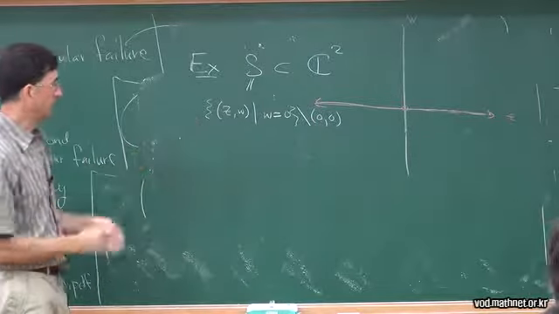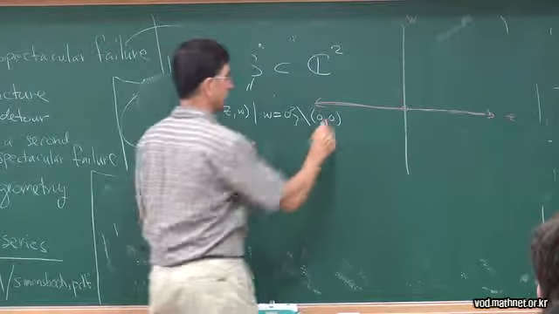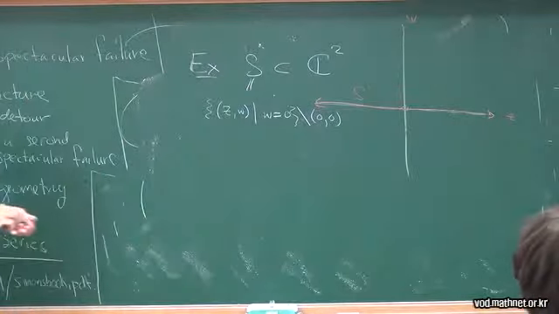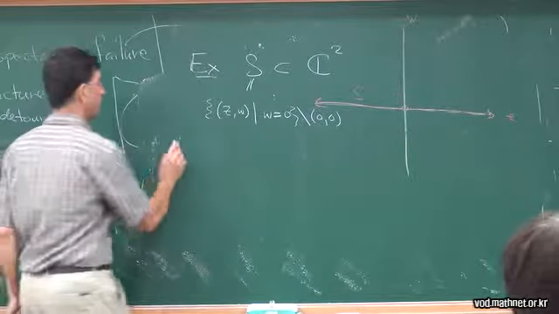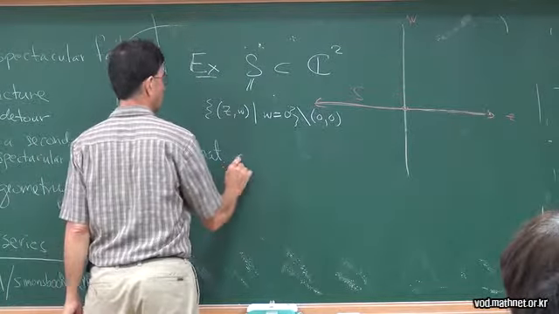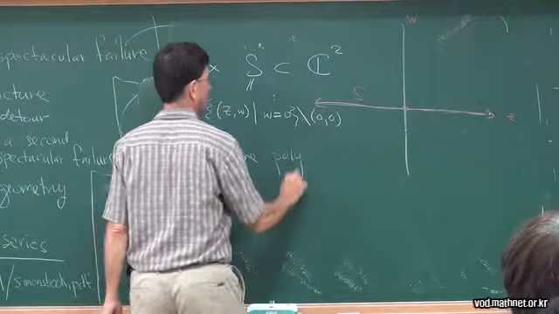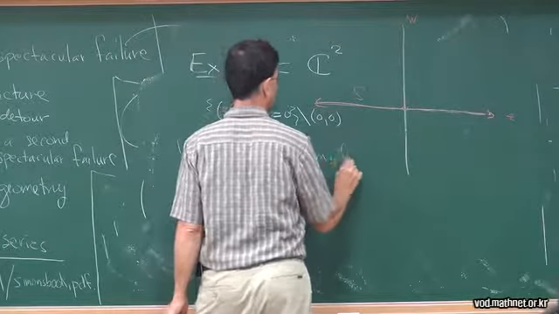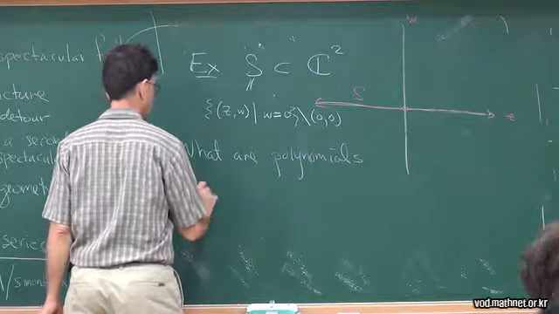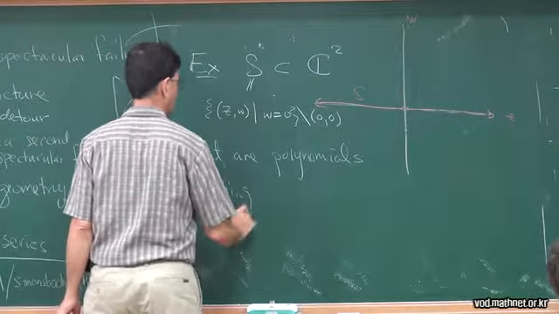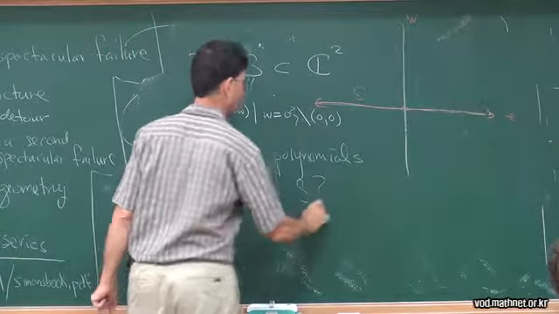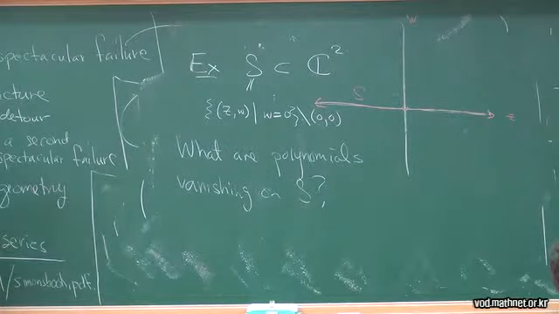So this pink set S. Now, what are the polynomials vanishing on S? Well, it's easy.